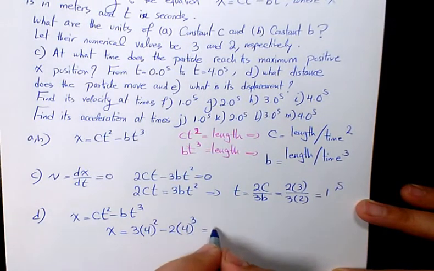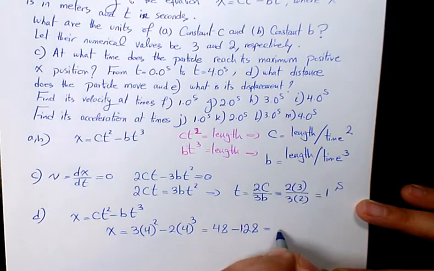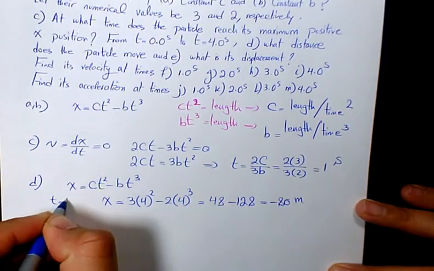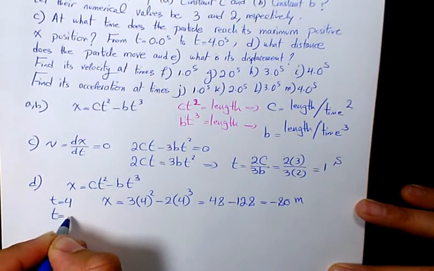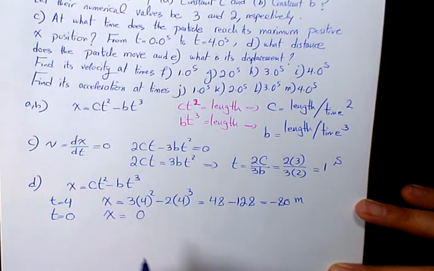It's going to be 48 minus 128. That makes it negative 80 meters. That's for time equals 4. At time equals 0, x is going to be 0.